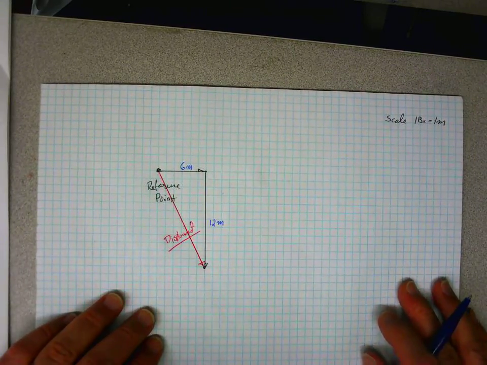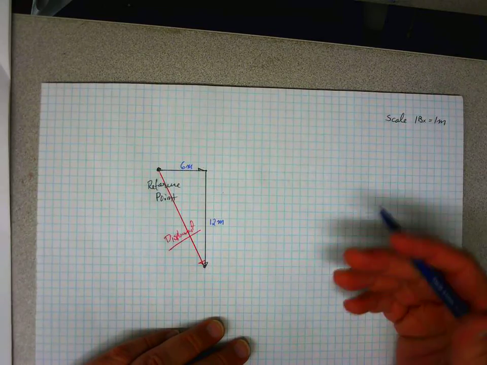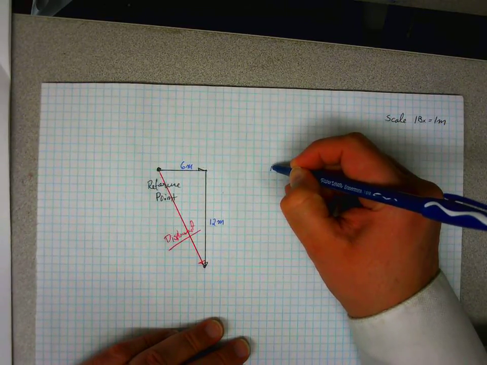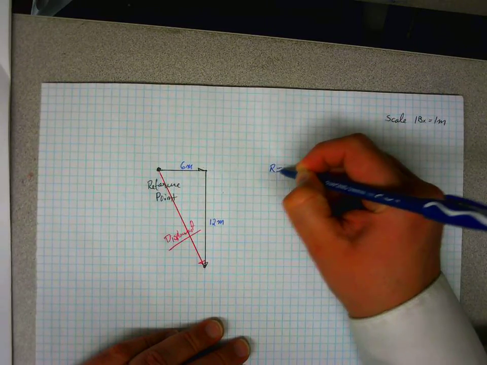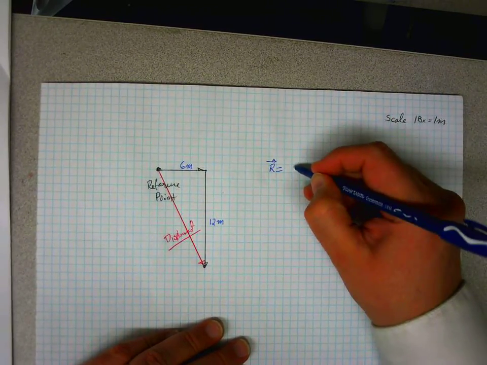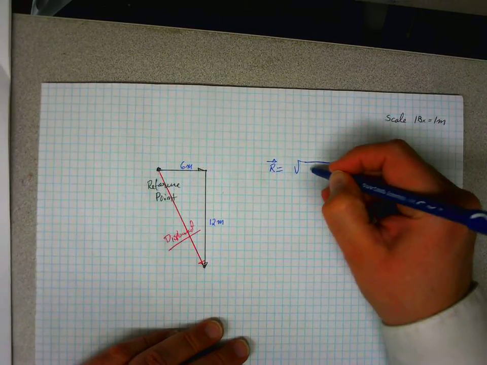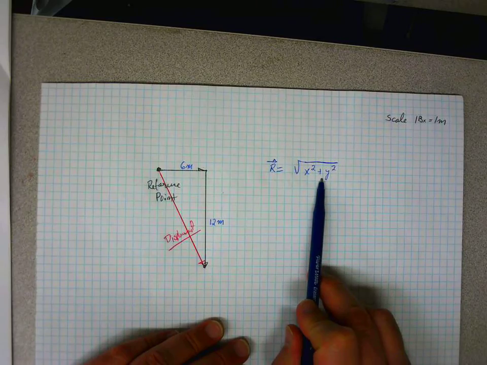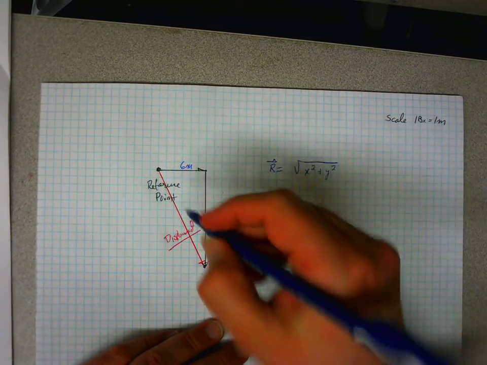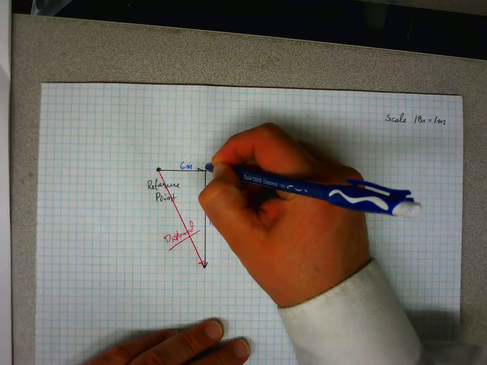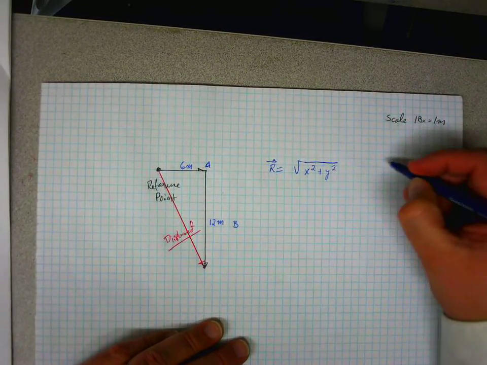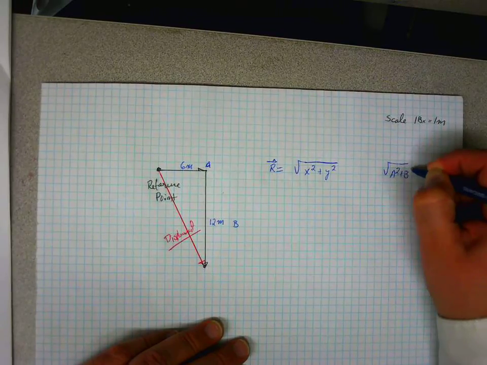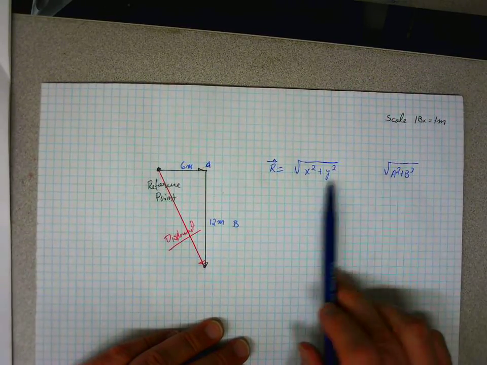Now, in the notes, we gave you the equation that the resulting magnitude value is equal to the square root of x squared plus y squared. So we can actually use this formula. Now, using the triangle, if we locate this as A and this as B, the formula becomes the square root of A squared plus B squared, which would be the same thing as this.